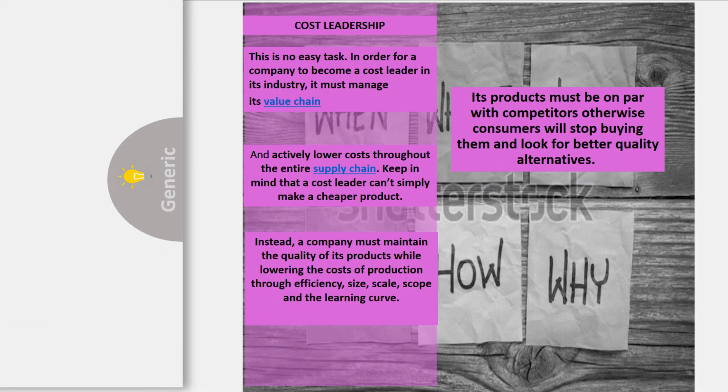When we're talking about cost leadership, its products must be on par with competitors. Otherwise, customers will stop buying them and look for better quality alternatives, especially in a highly competitive marketplace. In a highly competitive marketplace like the food retail industry in the UK, people have to constantly be innovative and creative.